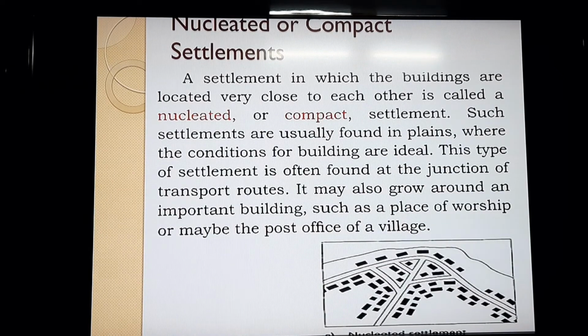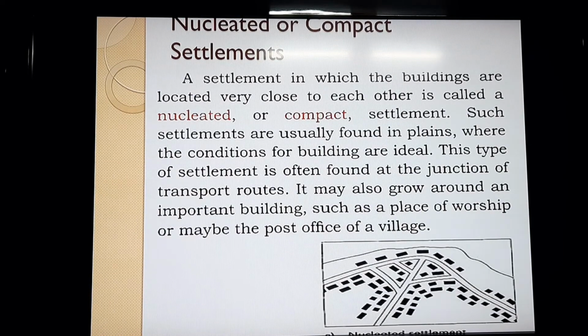Such settlements are usually found in plains where the conditions for building are ideal. This type of settlement is often found at the junction of the transport routes. It may also grow around an important building, such as a place of worship or the post office of a village.